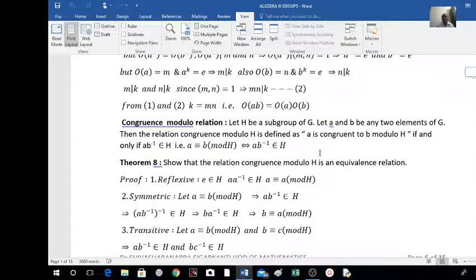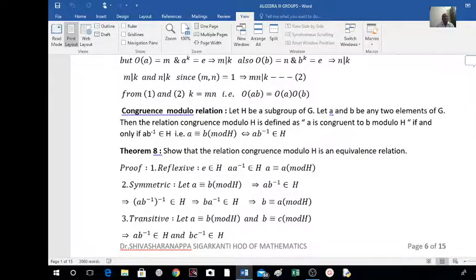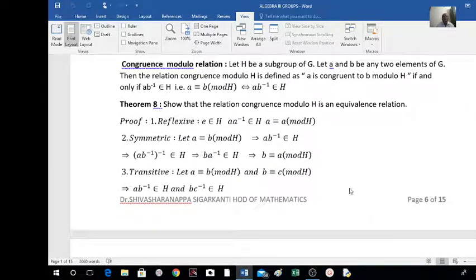This is the relation. A theorem: show that the relation congruence modulo H is an equivalence relation. What is an equivalence relation? If the relation is reflexive, symmetric and transitive, then we say that it is an equivalence relation. What is a reflexive relation? If A is related to itself for every A, then it is a reflexive relation.